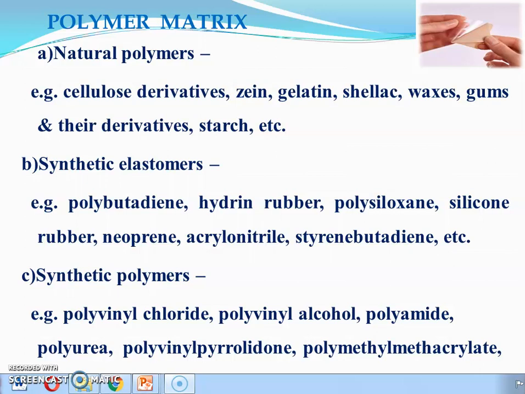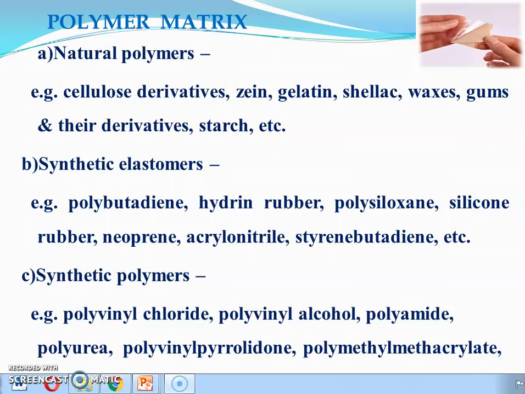delivery system. Natural polymers such as cellulose derivatives, gelatin, shellac, etc. Synthetic elastomers such as polybutadiene, hydrin rubber, polysiloxane, silicone rubber, neoprene, acrylonitrile, etc. And synthetic polymers, polyvinyl chloride, polyvinyl alcohol, polyamide, polyurea, polyvinyl pyrrolidone, polymethacrylate, etc. So the polymers which are used in the designing of drug delivery system should have certain characteristics.